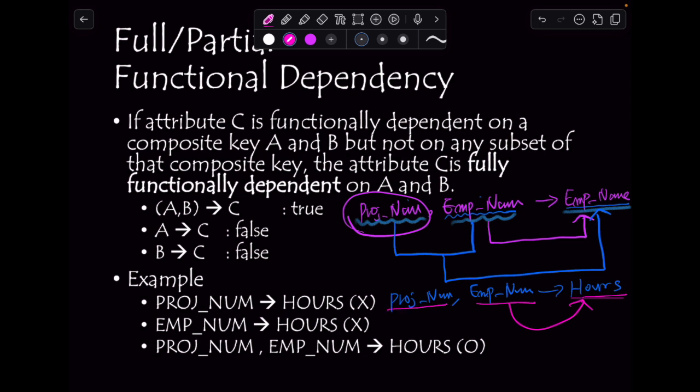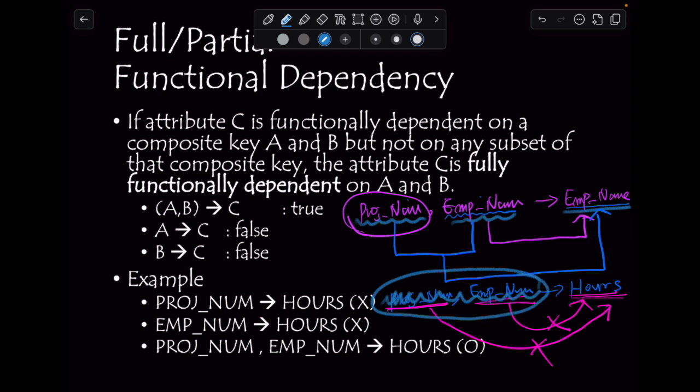How about project number itself? In one project, there are many employees. So if I give you one project number, depending on which employee, the hours are different, so we cannot determine. So employee number by itself cannot determine hours. Project number cannot determine hours either. Only when you know both of them can you determine working hours.